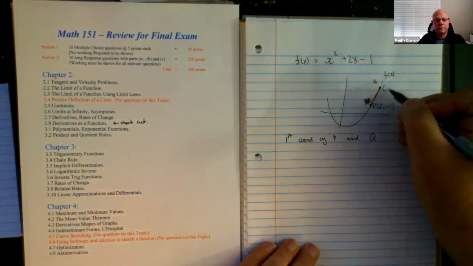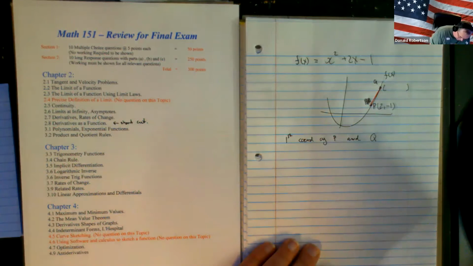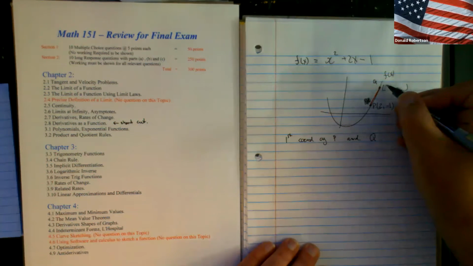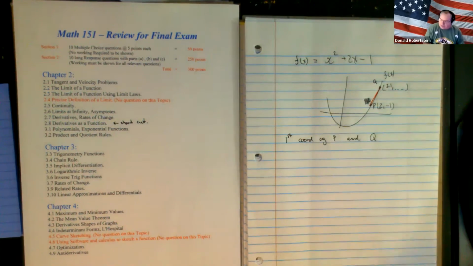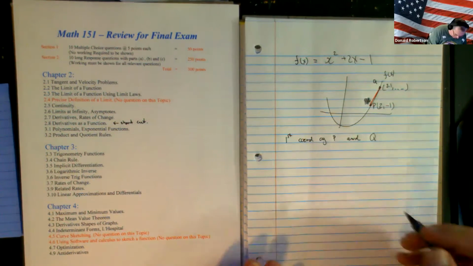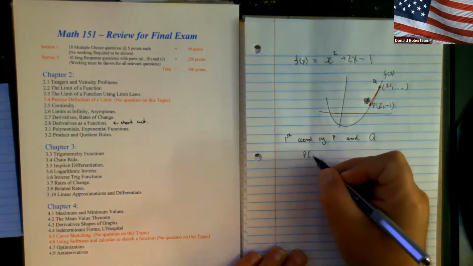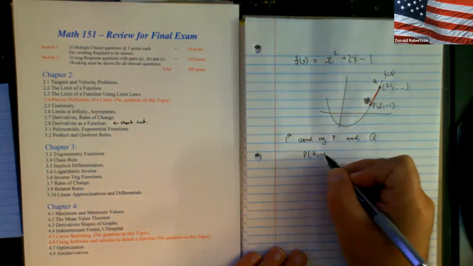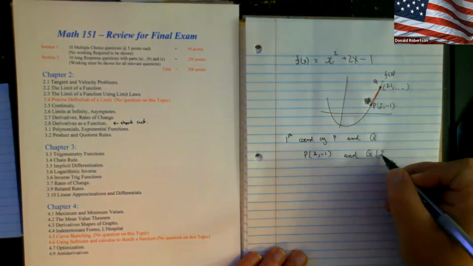Then Q would be, if we were trying to get a tangent line, Q might be 2.1 and you don't know its y coordinate. That's the most typical way. So first thing you do is get coordinates of P and Q. One of them you might already know, and the other one we're going to find out.